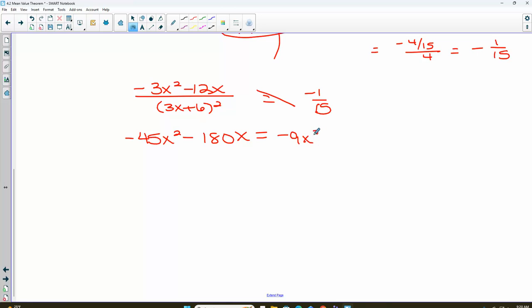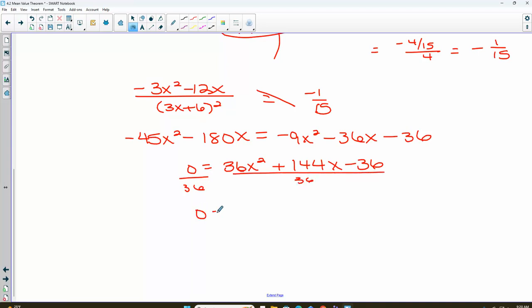Negative 9x squared minus 36x minus 36. Quadratic, we just set it equal to 0. I think we can divide by 36 on both sides. Okay, does anything multiply negative 1 add to 4?